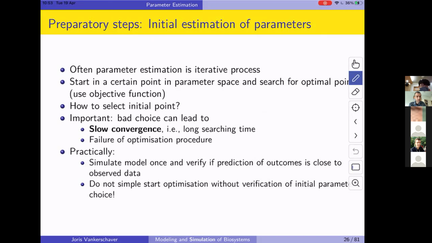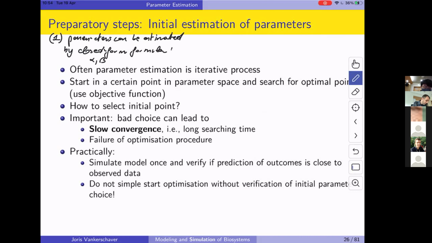So one possibility is that parameters can be estimated by closed form formula. What I mean by a closed form formula is that I can give you a formula where you put in your data and it spits out the parameters. An example here is the parameters from linear regression, so alpha and beta from linear regression.